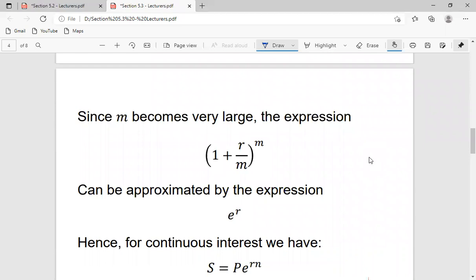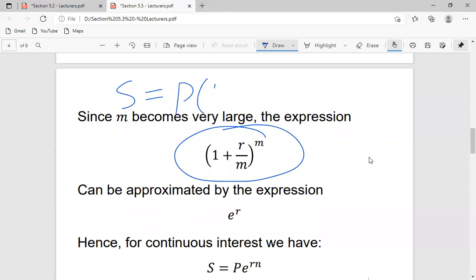The only difference is in this part of the formula, which is in compound interest. Remember that the future value for a compound interest formula S is given by P times 1 plus r over m, all to the mn.